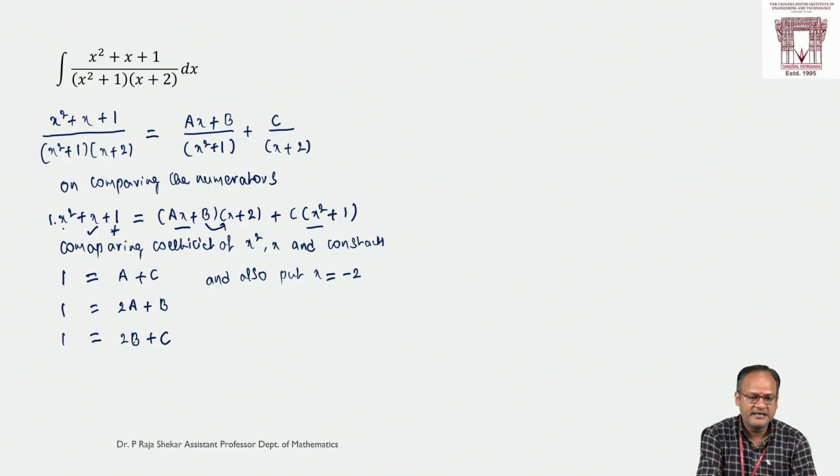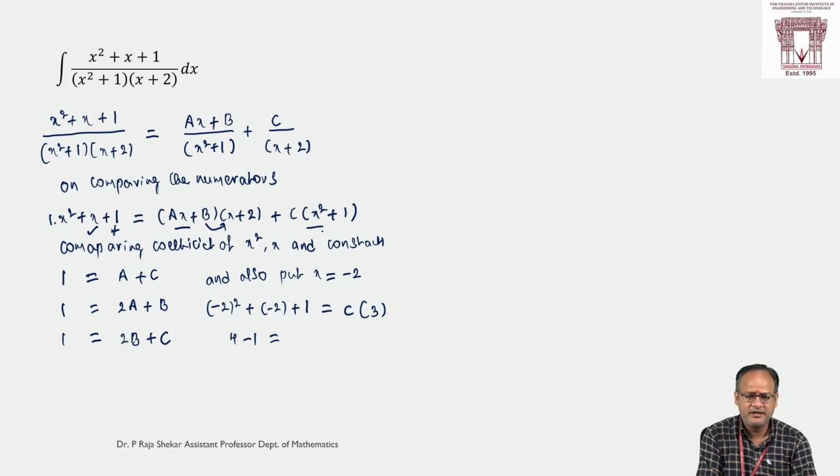When we put x equal to minus 2, on the left it is minus 2 whole square plus x value minus 2 plus 1, so 4 minus 2 plus 1, which is 3. On the right hand side, when we put x equal to minus 2, x plus 2 is 0, and 0 into anything is 0.